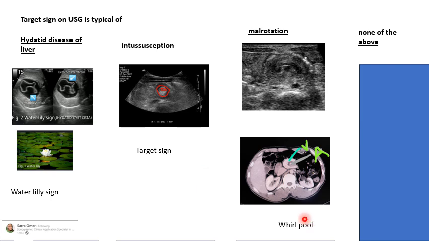One more clue. Whenever they give you an ultrasound, they usually give you a little bit of the history. Invariably here they will give a young age. They will say red currant jelly. Whereas in malrotation they might tell an age, they might tell constipation, but they will not give the words red currant jelly. So you will get clues in the stem itself.